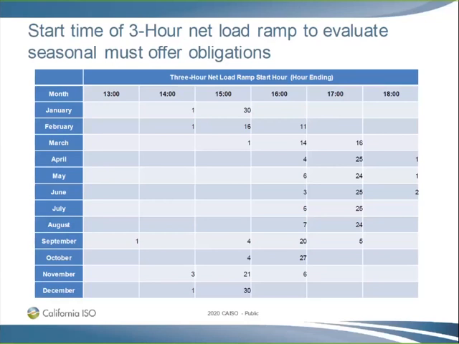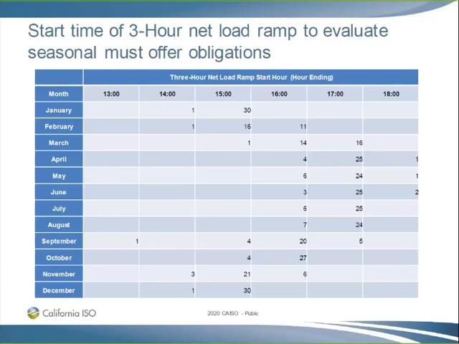So basically March, April, May, June, July will be starting 17 to 21. Then September and August will be 16 to 20. And November, December, January, February will be 15 to 19.